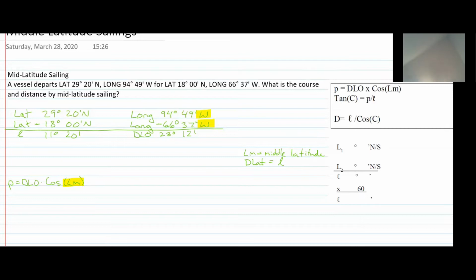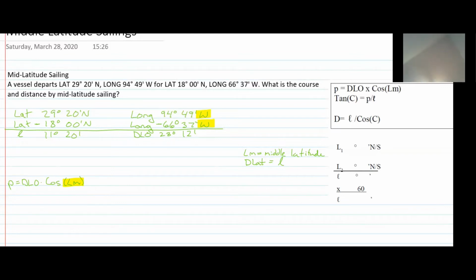In order to find our mid-latitude, we will average the two latitudes. This only works if you're in the same hemisphere. So because we're both north, we can average them. You just take 29 degrees, 20 minutes plus 18 degrees and divide that sum by 2.